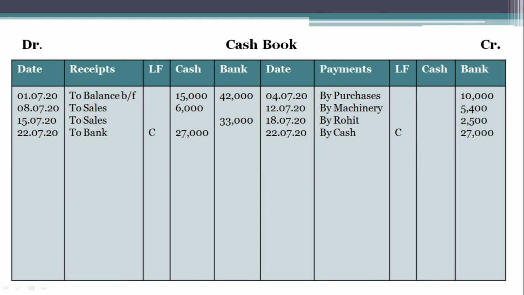Here on the receipt side we receive 27,000 cash, so we write here to bank and we write C in the LF column. And here on the payment side we are paying cash from our bank account, that is, rupees 27,000 is moving out of our bank account. So we write on the credit side and again we write C in the LF column, depicting that it is a contra entry. Alright, it is not very difficult, it is easy to understand if you practice it thoroughly.